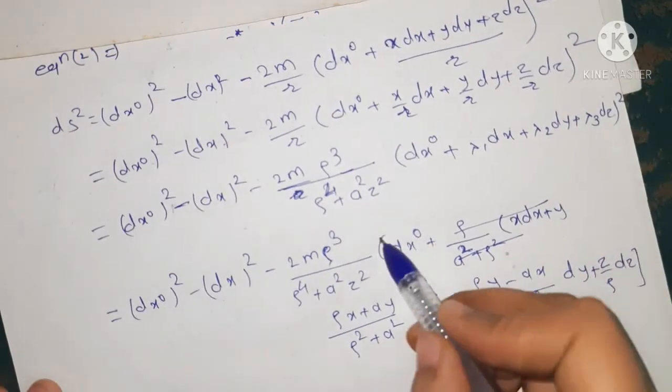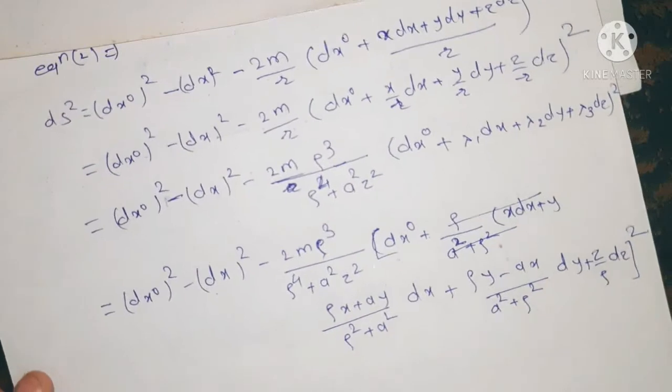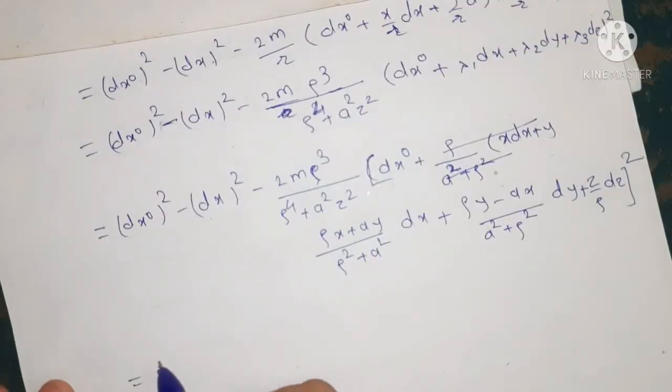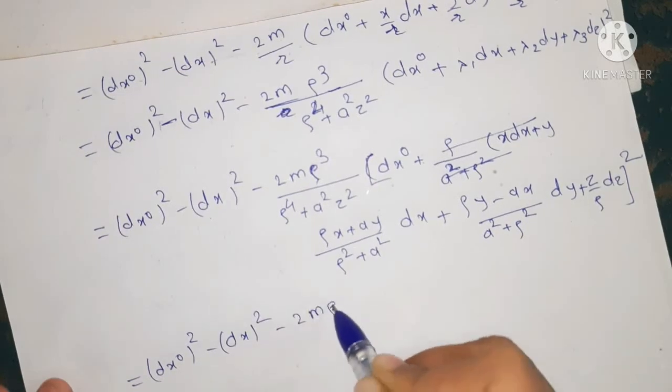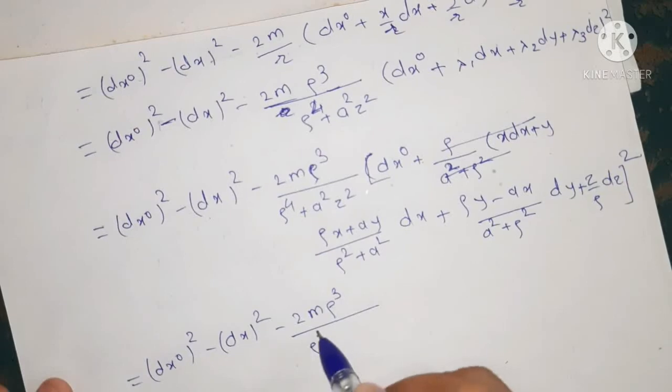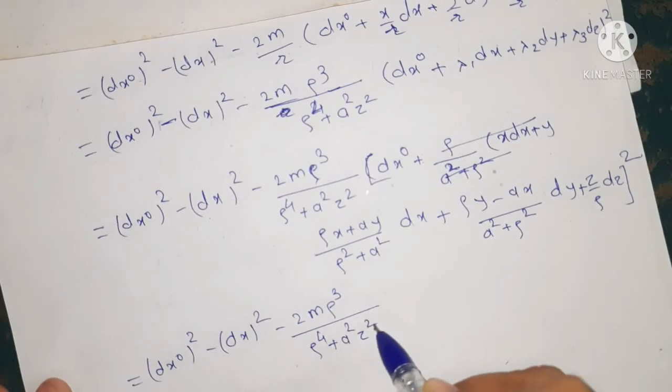Okay, whole bracket square. Now this is equals to dx0 square minus dx square minus twice m rho cube upon rho to the power 4 plus a square z square.